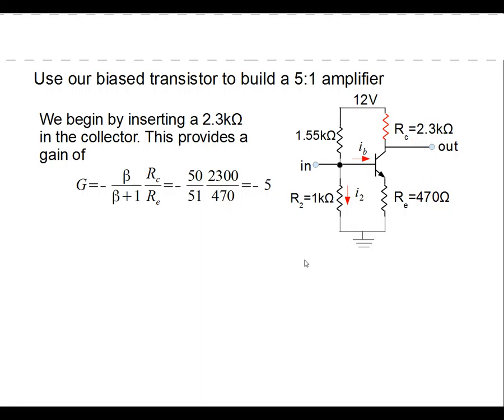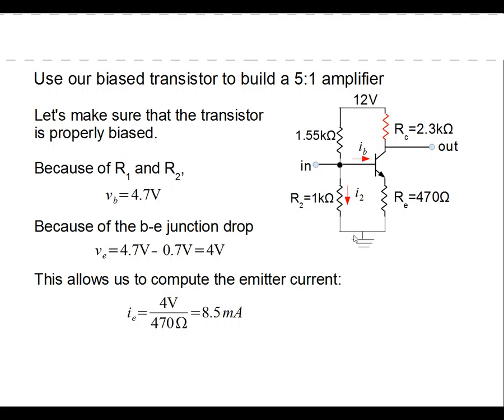Now, before we get all excited that we actually did this, let's make sure this thing works. The main problem I have is I want to make sure that everything's biased right. Because of R1 and R2, we know that the base voltage has to be 4.7 volts. Because this is the base emitter junction, we know that the emitter voltage wants to be about 4 volts, without a delta.